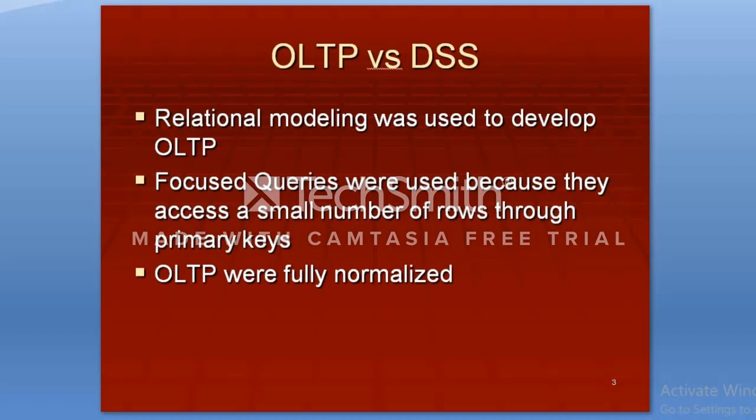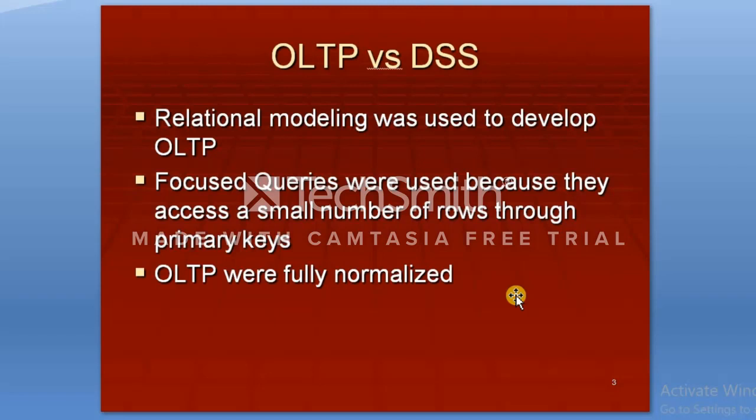Now when were decision support systems or data warehouses introduced? The very big difference between an OLTP system and a decision support system is that OLTP systems are used to record or store the transactions, but decision support systems are used to analyze those transactions.